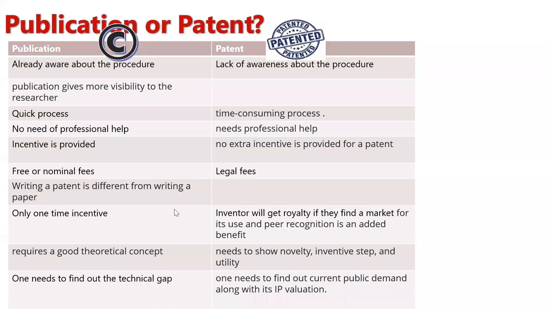If you are writing a book, then you get royalty. And with a patent, you can also get royalty, but it depends upon the market. In research, you have to show the theoretical concept, but in a patent, you have to show novelty, that is inventive step, and utility.